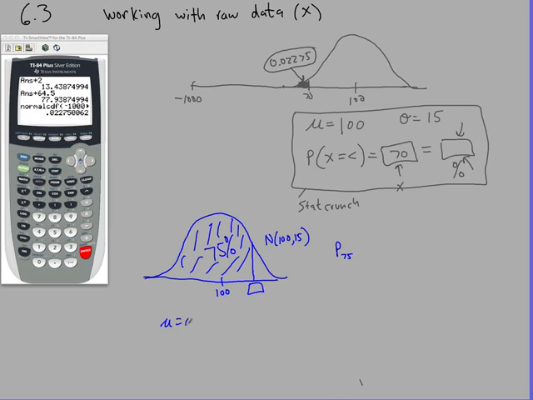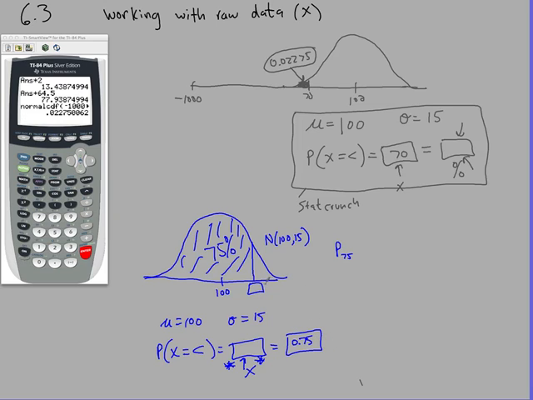So this would be mu equals 100 in StatCrunch, standard deviation equals 15. Which way am I shaded? I'm shaded to the left. So x shaded to the left. This is going to be your answer as an x, and this is where you need to put the percent.